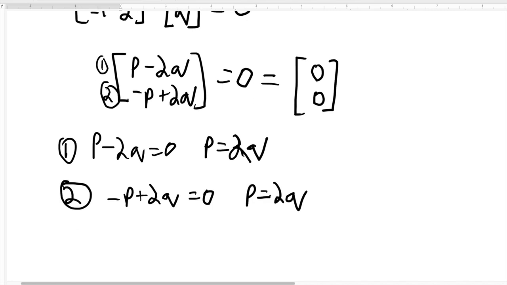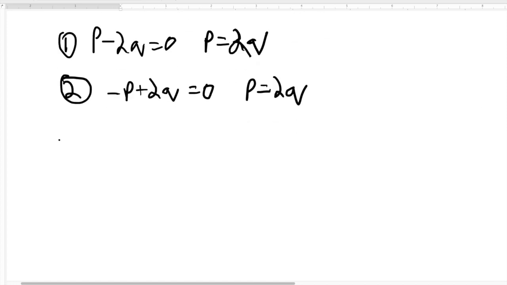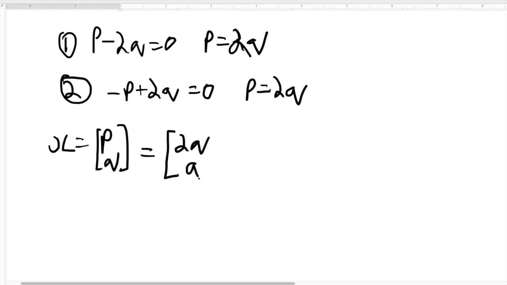The only necessity for a vector x to be part of the null space of A is for P to be double Q. And so x is equal to (P, Q), which is equal to (2Q, Q), which is equal to Q times (2, 1).